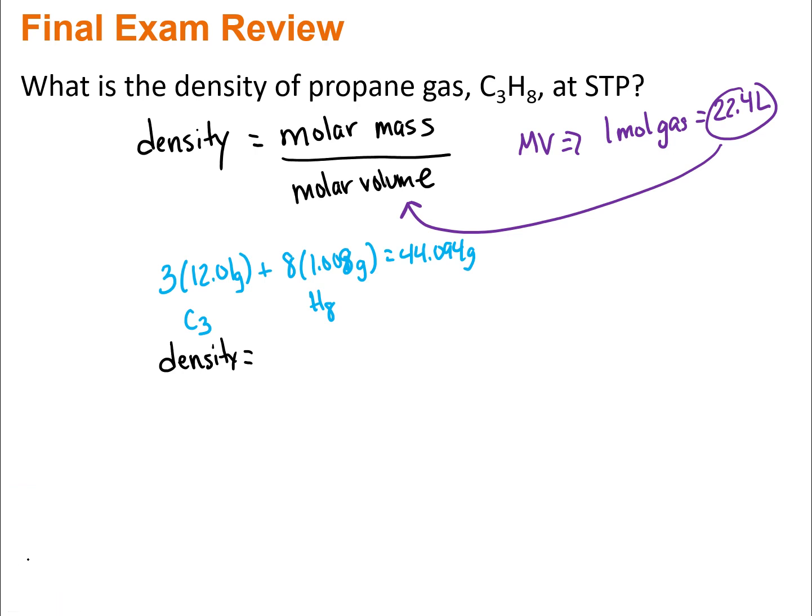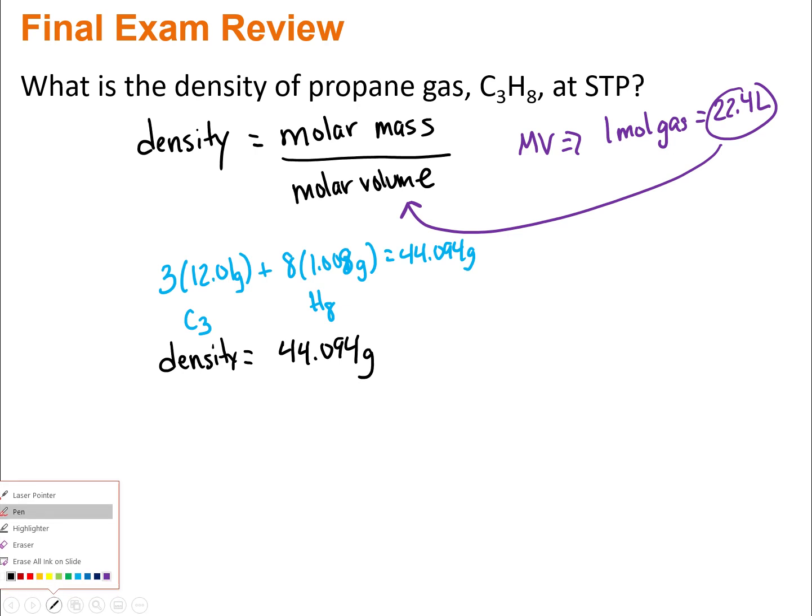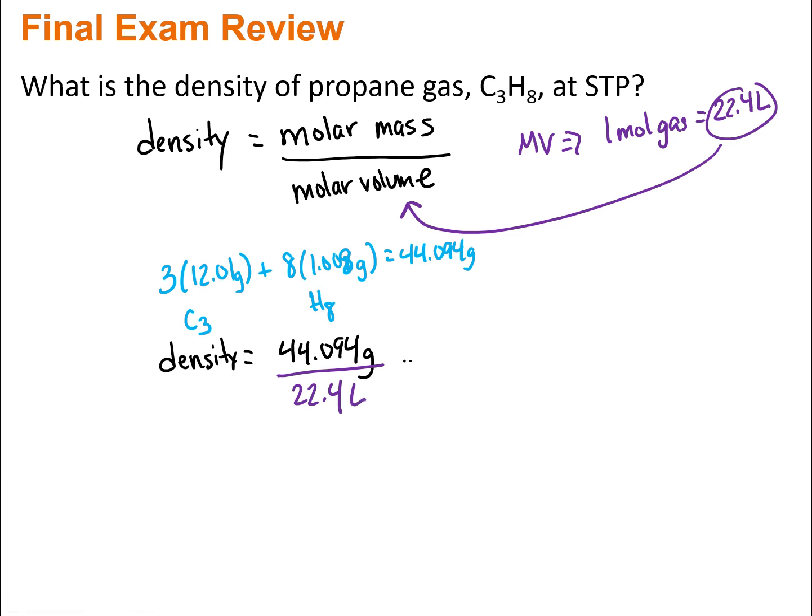That's what you use in the density equation. Then you put in molar volume at the bottom. You do the division and you get 1.99 grams per liter.